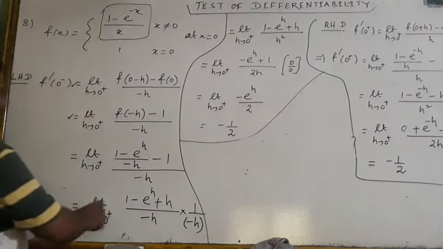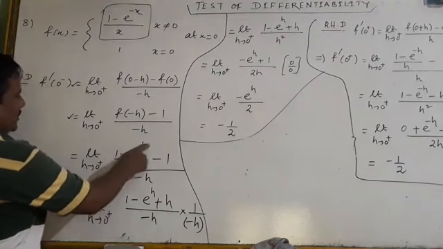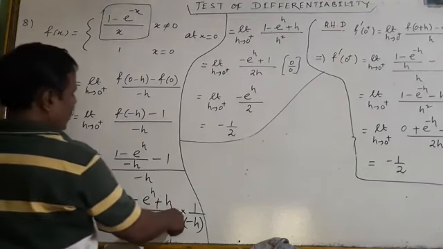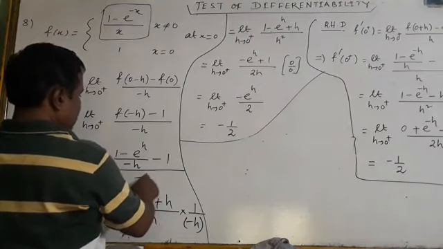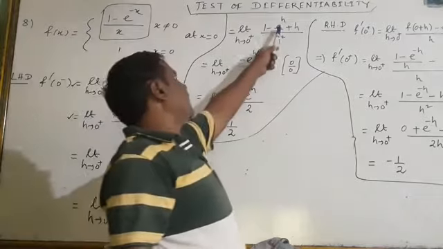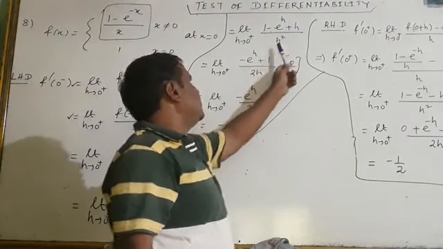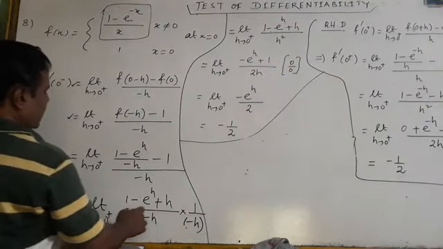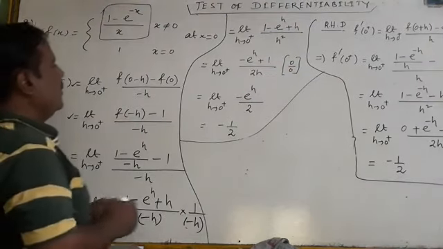When you take the LCM minus h, (1 minus e to the power h plus h) by minus h. You have to divide by minus h, so into 1 by minus h. The result will be (1 minus e to the power h plus h) by h square, since minus h into minus h becomes h square.